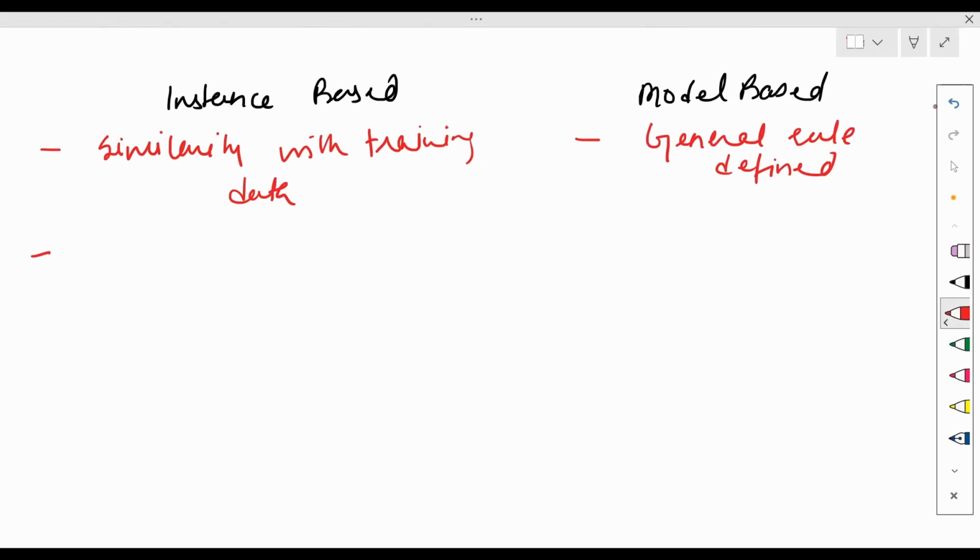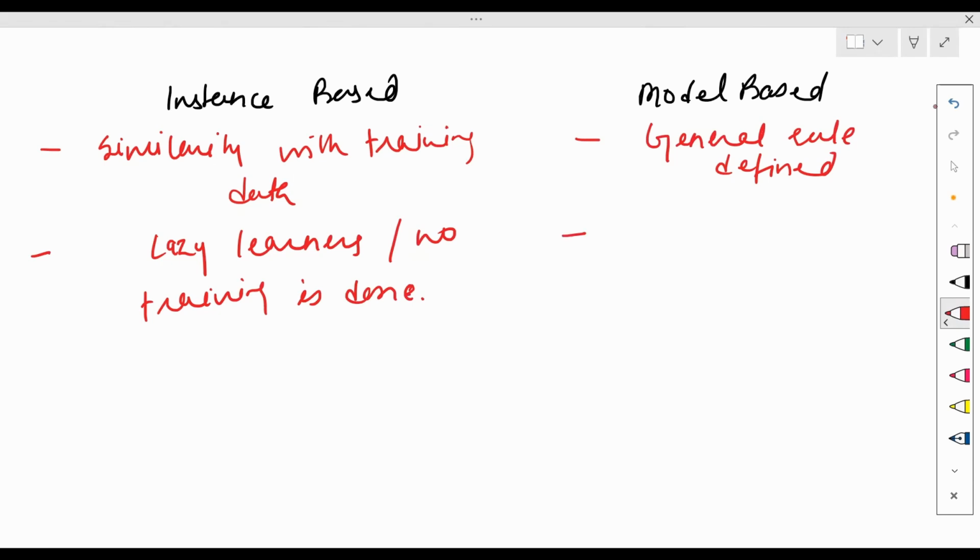Instance-based algorithms are also called lazy learners, as no training is done on the training data. Instead, the complete training data is used while making the predictions. In model-based algorithms, models are trained over the training data.